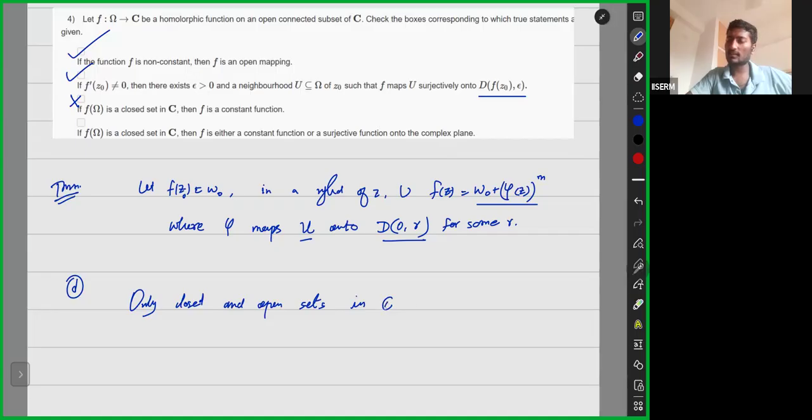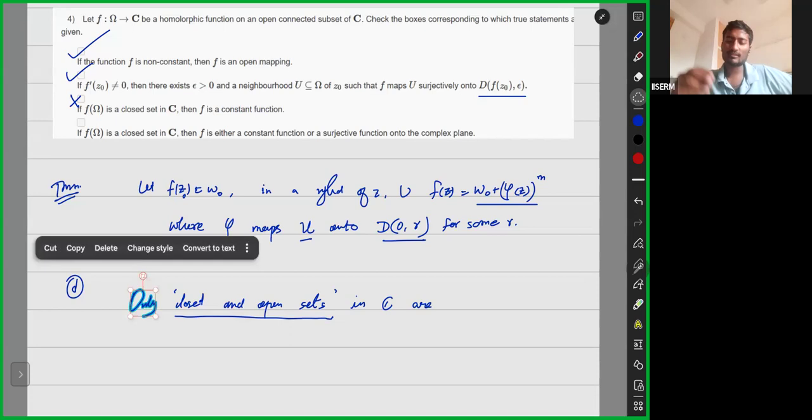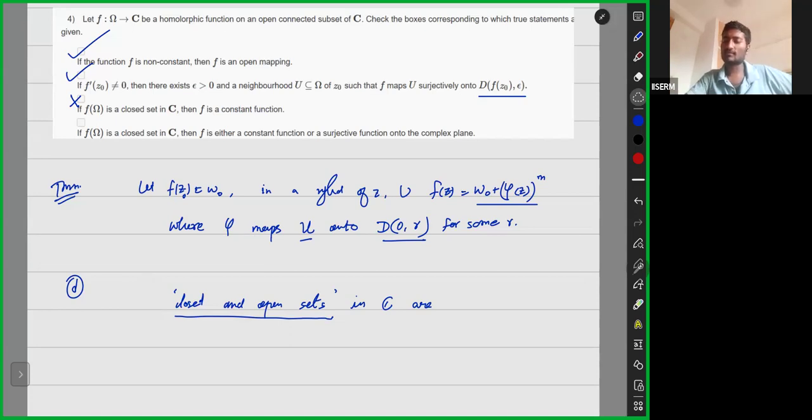In C, so my English is not that good. Not only closed and subset, closed and open sets. Sets which are closed and open are not this way.